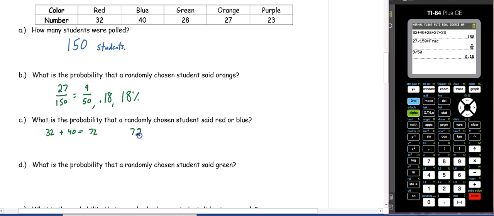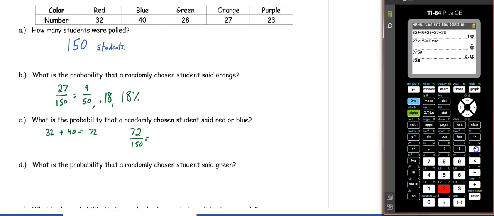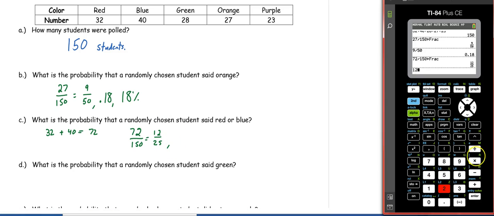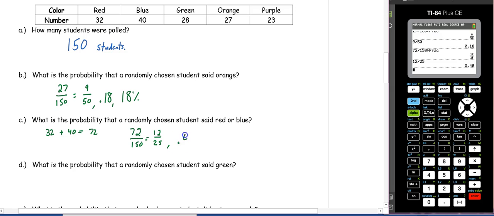So we would have 72 over 150, which in the calculator we're going to do 72 divided by 150, math, enter, enter, which reduces to 12 over 25. So to turn that into a decimal, we're going to do 12 divided by 25, and we get 0.48. When we move the decimal 2 places to the right, we get 48%.